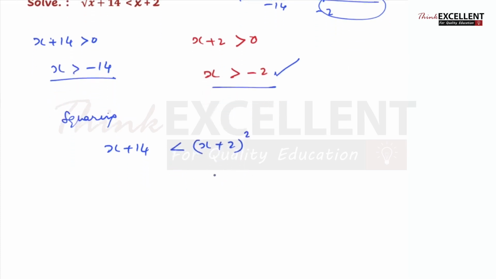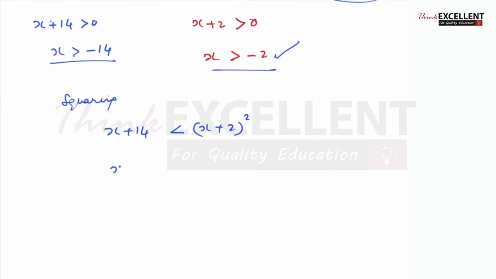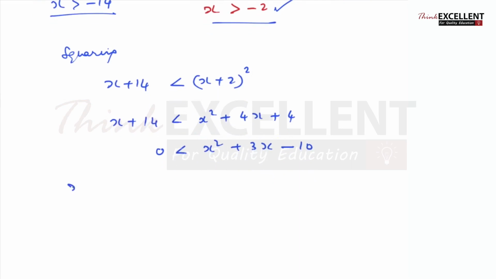Using a plus b the whole square, a square plus 2ab plus b square, we get x square plus 4x plus 4. Now take everything to the right side: 0 less than x square, 4x minus x is 3x, 4 minus 14 is minus 10. Reverse the order and write x square plus 3x minus 10 greater than 0.